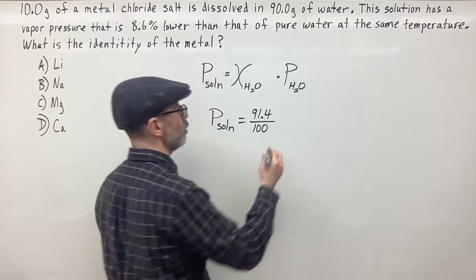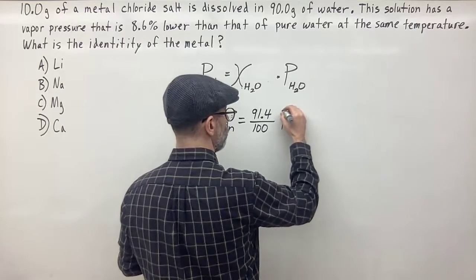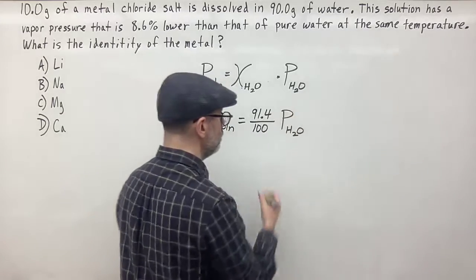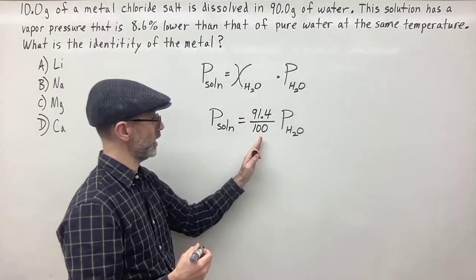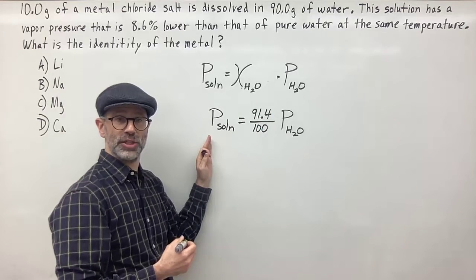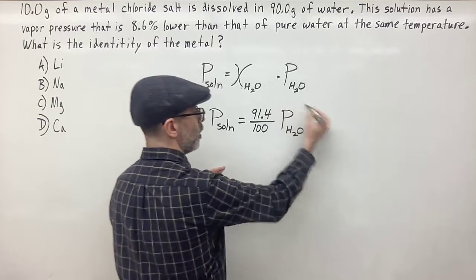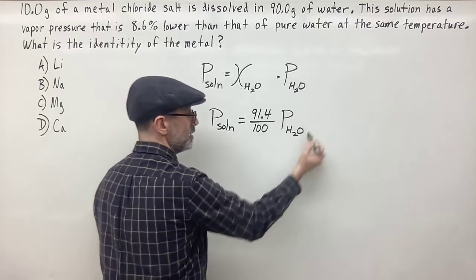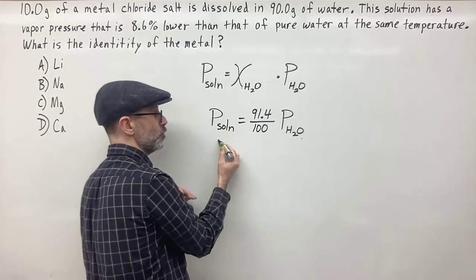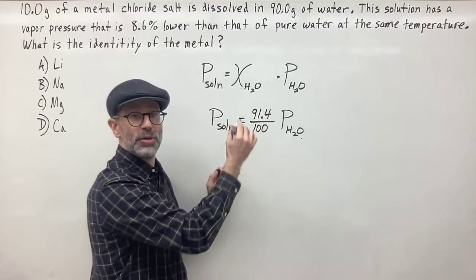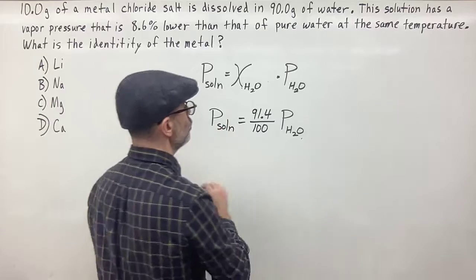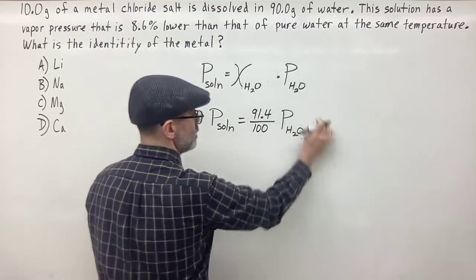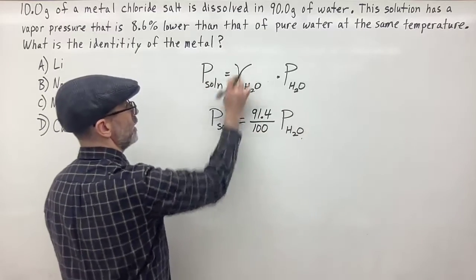Okay, and then we multiply that by the partial pressure of the water. So whatever the water is, we're going to multiply that by this percentage, and that's going to give us the partial pressure of the solution. Whatever the partial pressure of water is, that could be anything. We know that the partial pressure of the solution is going to be 91.4% of that, right? So now that I have this, I can substitute this in for this.